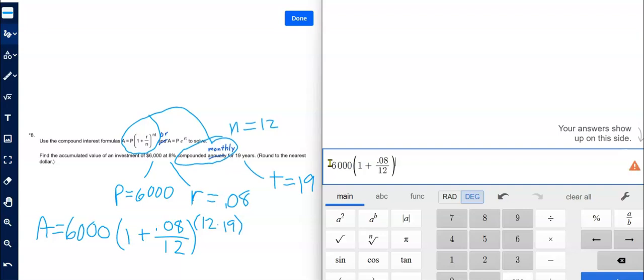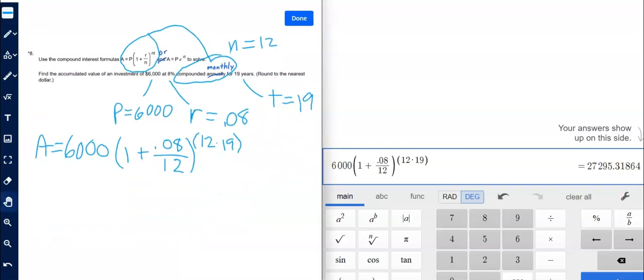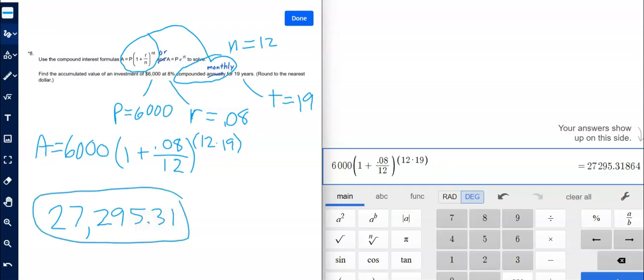Use my caret to jump up and put an exponent in here. 12 times 19. And I'm looking like $27,295.31.